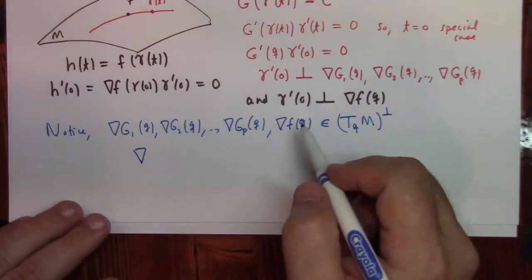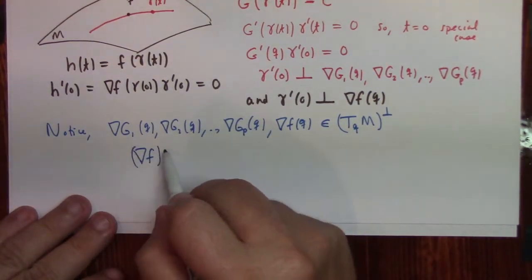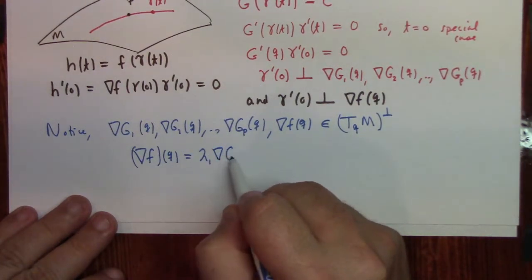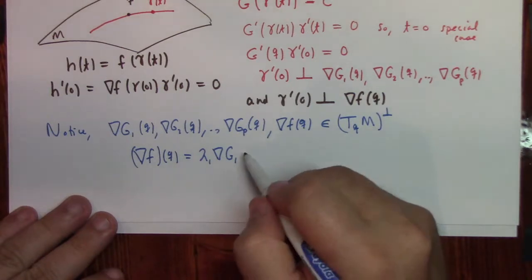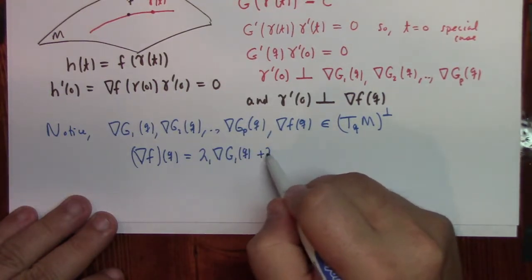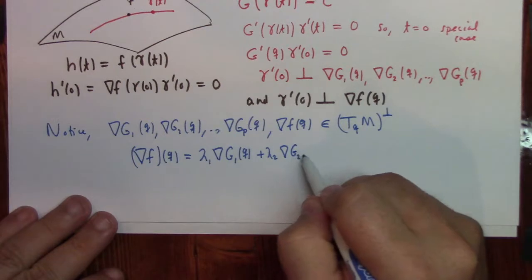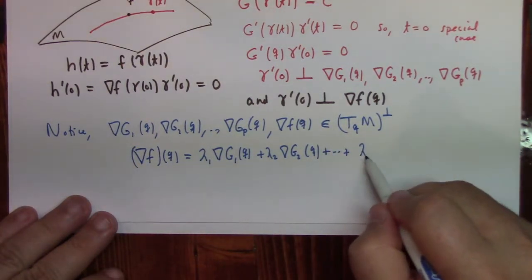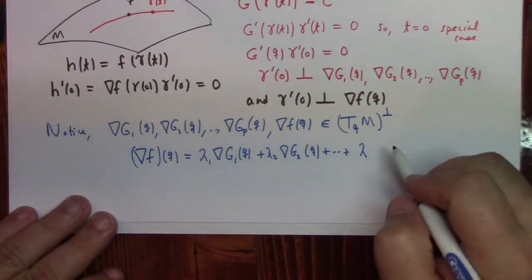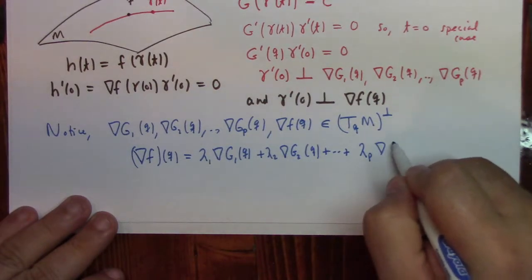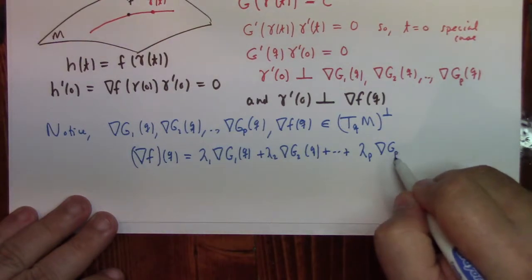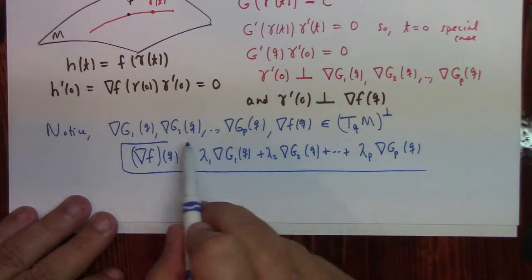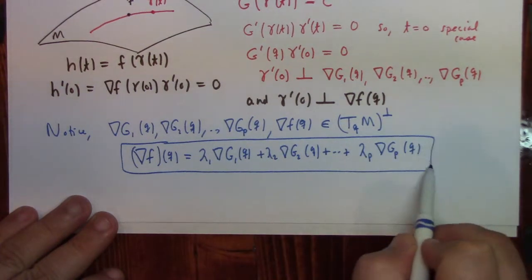In other words, the gradient of f at q should be equal to lambda 1 times the gradient of g1 at q, plus lambda 2 times the gradient of g2 at q, plus and so on. How many do I got? I got p of them. Lambda p times the gradient of gp at q.